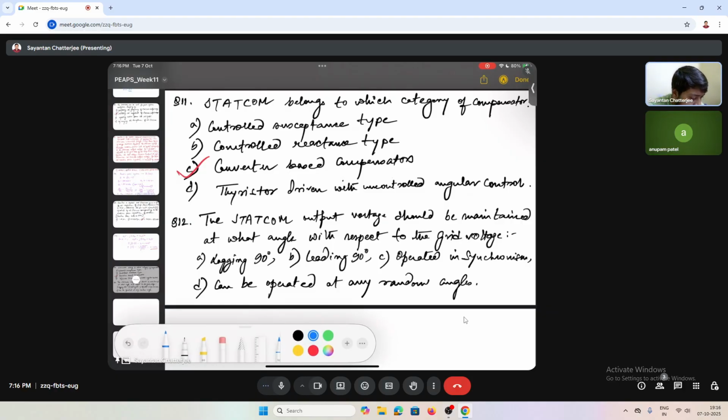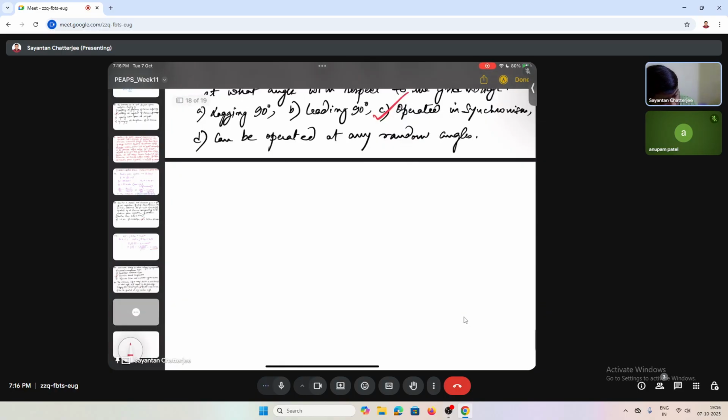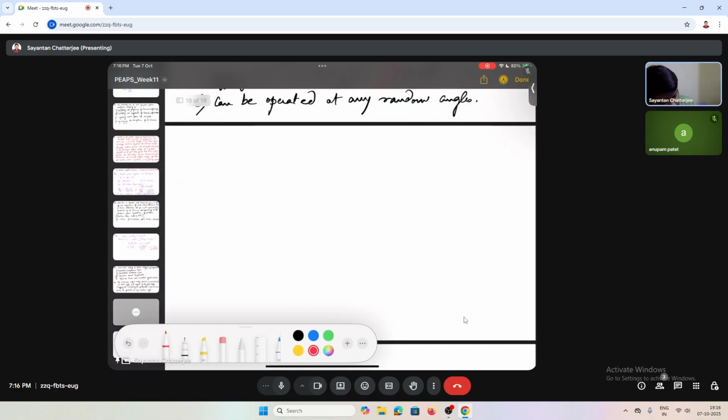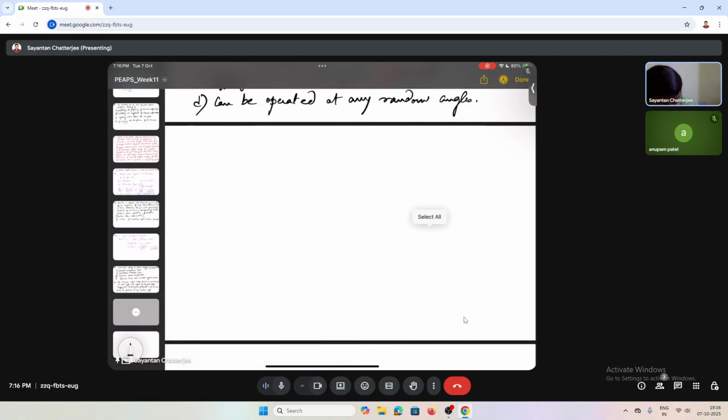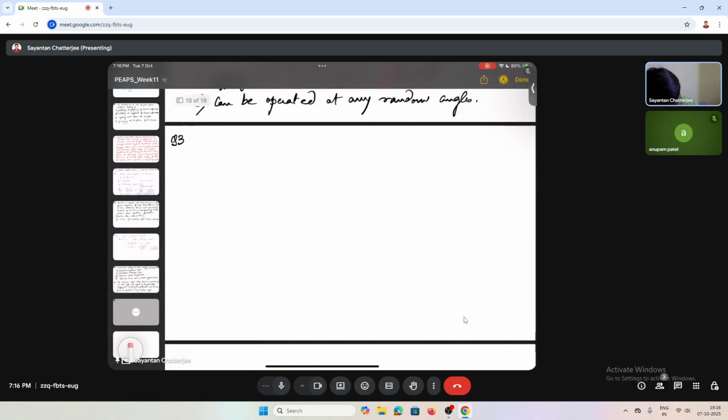Phase angle should be maintained at zero in order to have the correct operation, because real power should be zero for delivering reactive power compensation. Ideal case, definitely. Sorry, this is question 13.